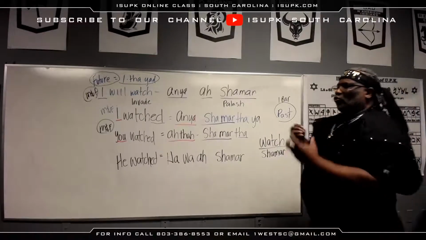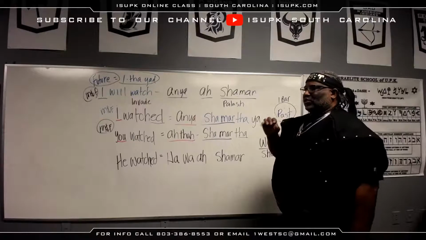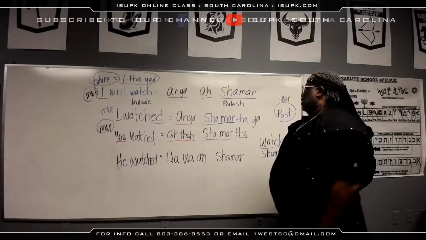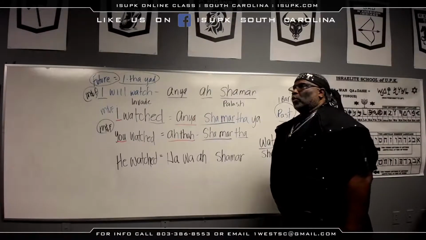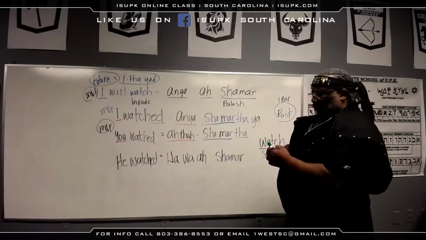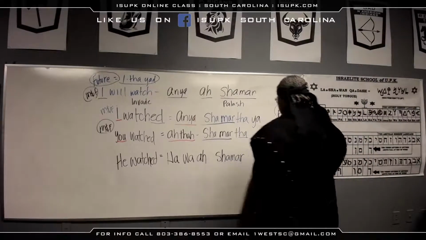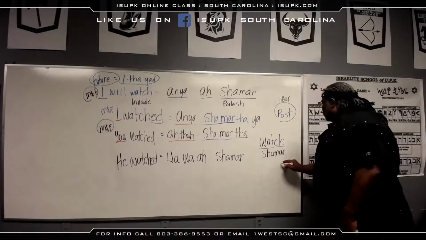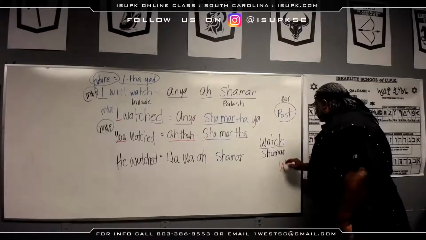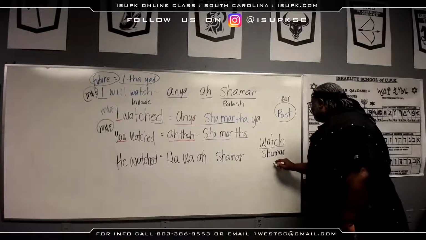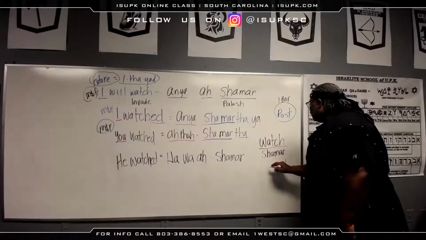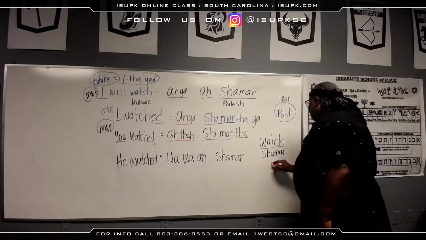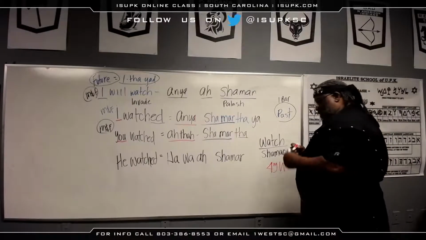Because once you can read the Hebrew and you can see that it says shamar, real quick here. If you sit down in Hebrew and you see that word over here and it says, let's do Shah, like that. Shah, Mar, okay?